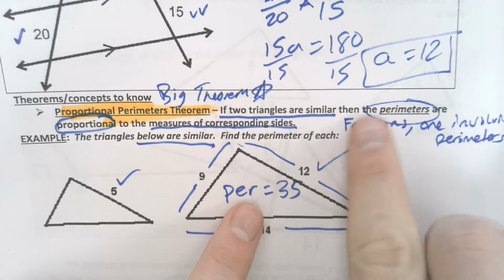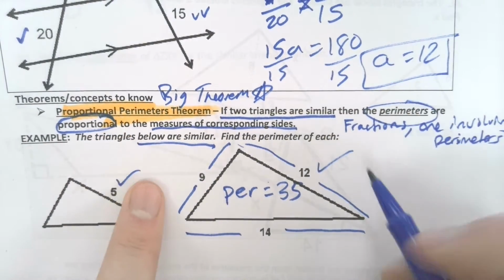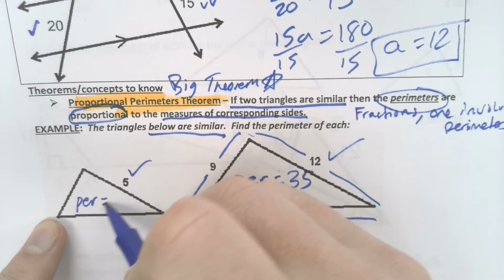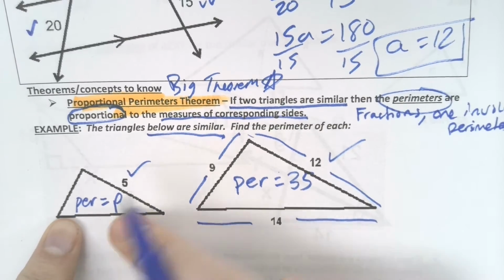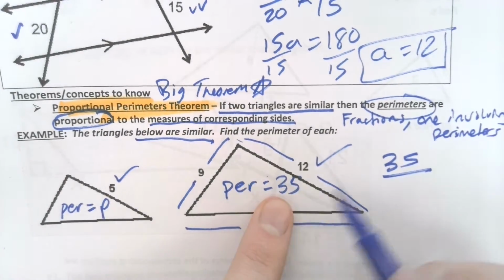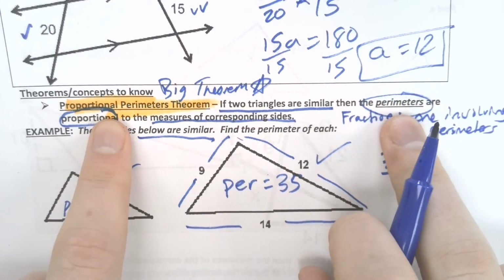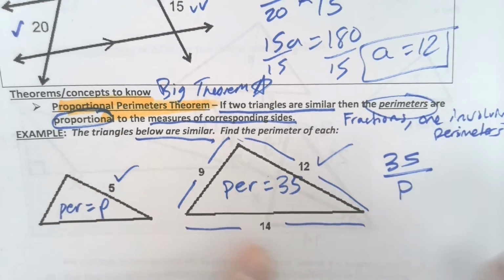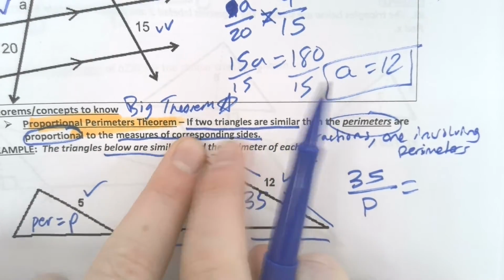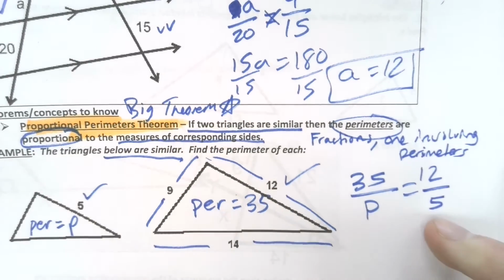Here's where we can set up proportions using perimeters. Let's call the perimeter of this one P. We don't know it. So we can take 35, the perimeter of this big triangle, and make it proportional to P, the perimeter we don't know. And then that can correspond to the measures of corresponding sides, so 12 over 5.